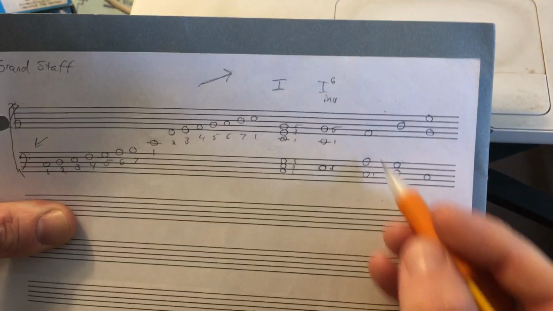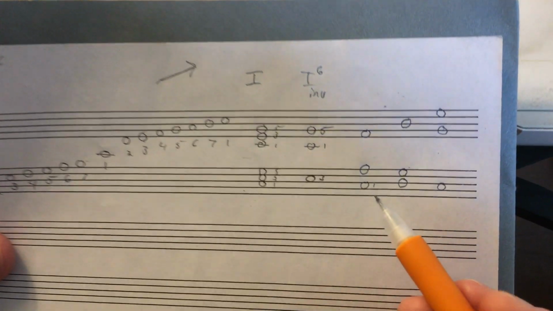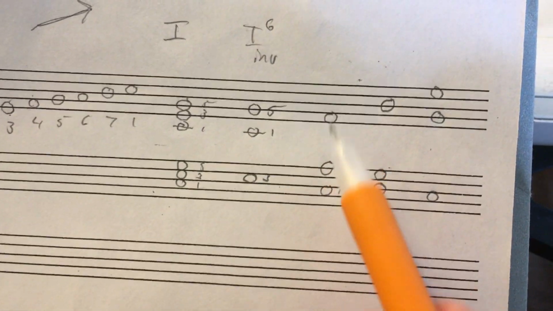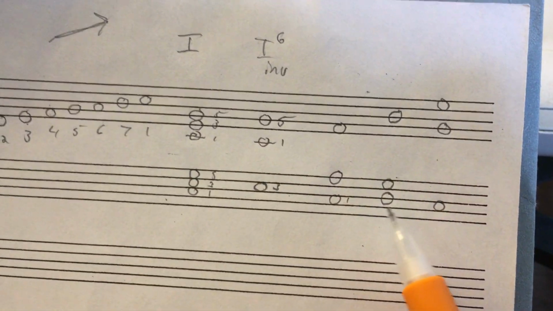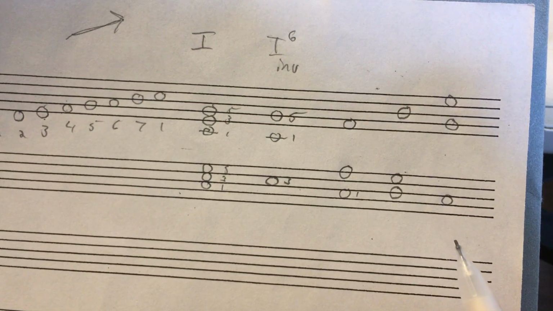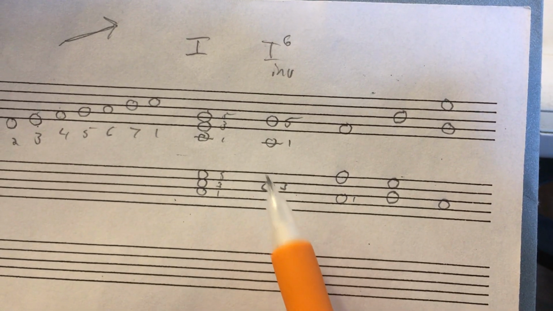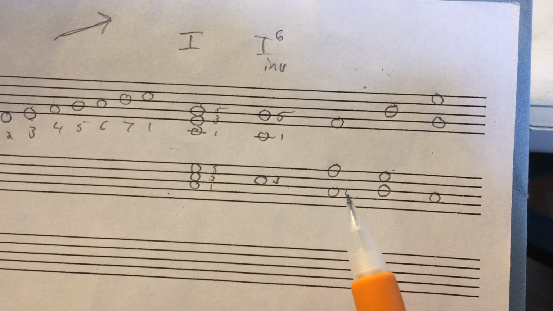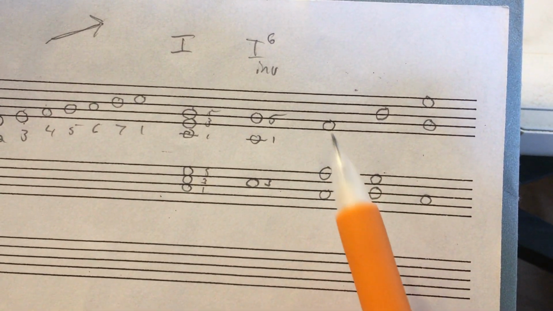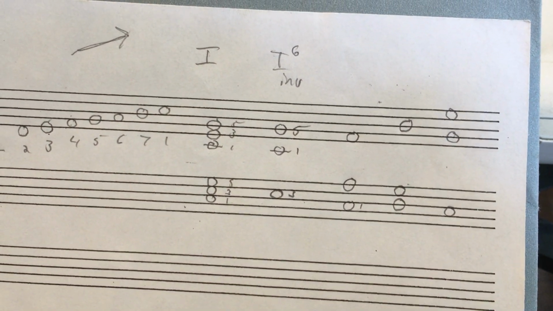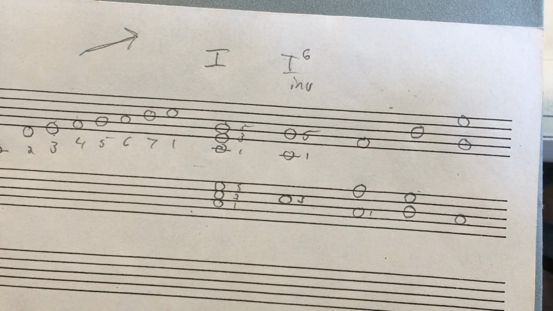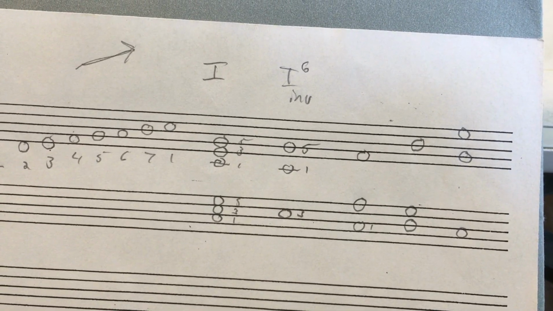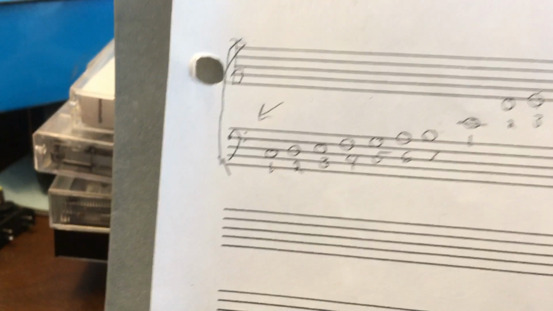So, in Roman numerals, we can see that real clearly on the video. I want to know what chord this is, what chord that is, and what chord that is, right? So, for example, that would be the 1 chord. So you need to figure out what scale degrees each note is, and then what chord contains those scale degrees. You did a great job with this last time. You should have no trouble with that.